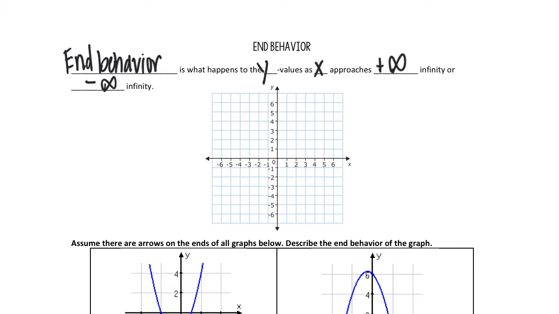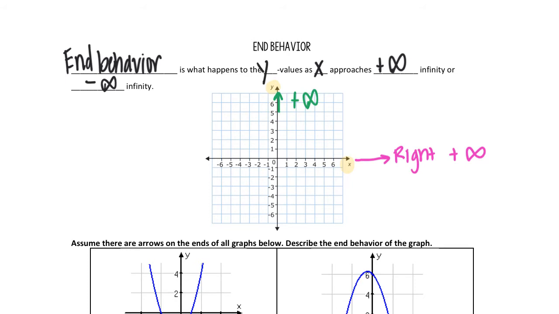Now, on your graph, you'll notice that your x and your y are labeled. I just want to remind you how we describe positive and negative infinity. So if things are continuing forever to the right, we call that positive infinity. Similarly, if things are continuing forever up in terms of y, we also call that positive infinity.